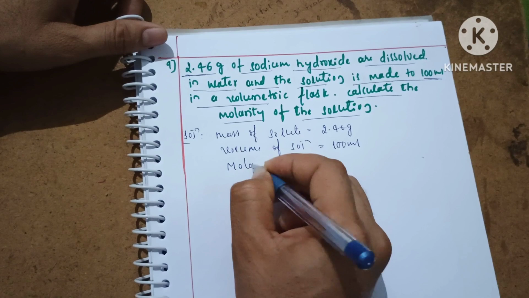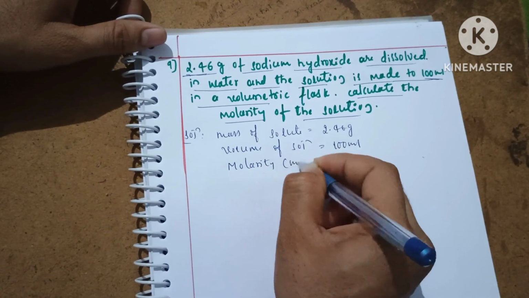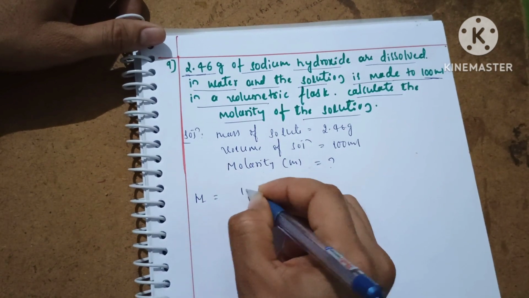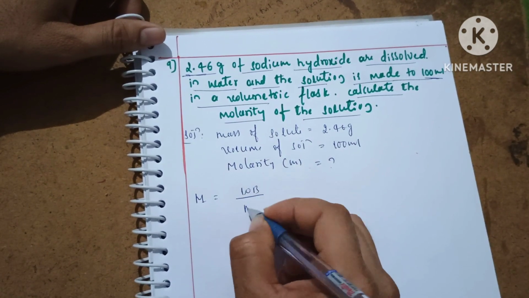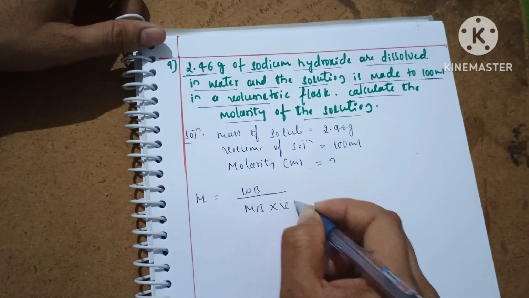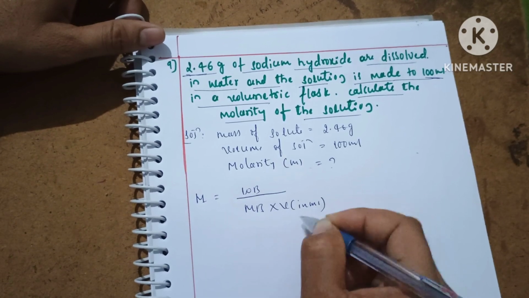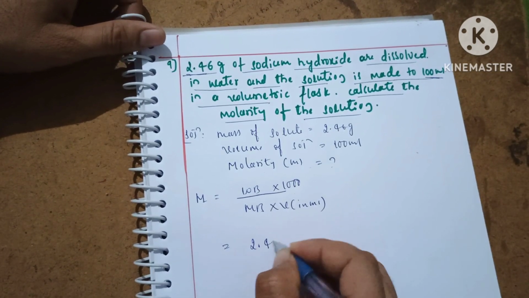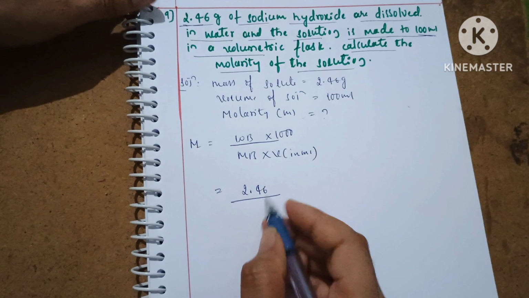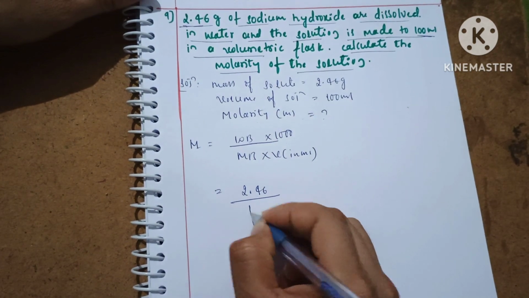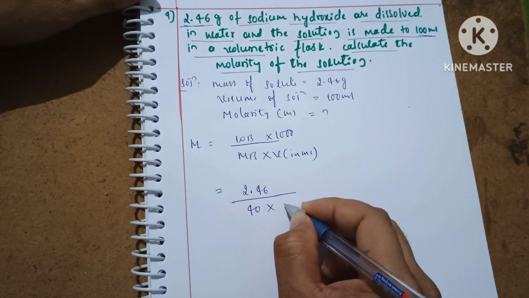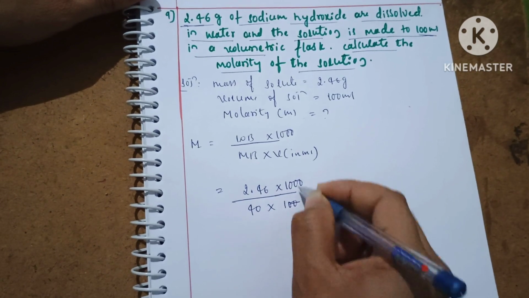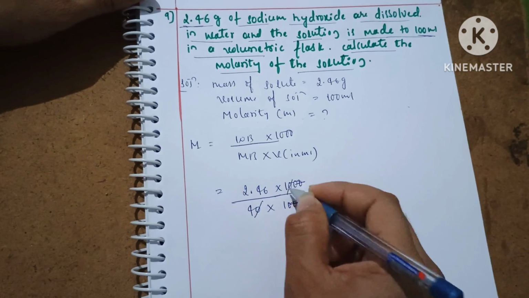Simple one: capital M is equal to given mass by molar mass into volume in ml, multiplied by 1000. Given mass is 2.46 and the molar mass of NaOH is 40, the volume is 100 ml and this is 1000. So these two and these two get canceled, this 0 and this 0 get canceled.